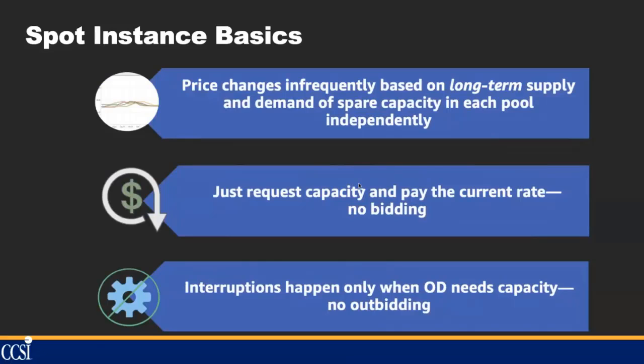And a pool is defined by the class of machine, the region, and the availability zone. I have another slide a little further down that will break that out a little better. All you have to do is just request capacity, and you pay whatever the current rate is, and that's it. And interruptions to the machine only happen if AWS or Azure or Google need excess capacity.